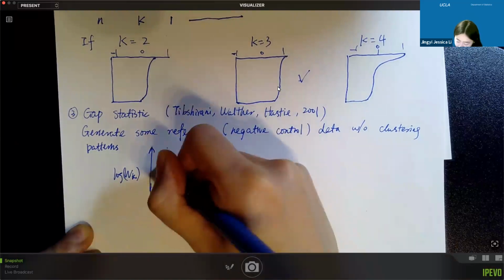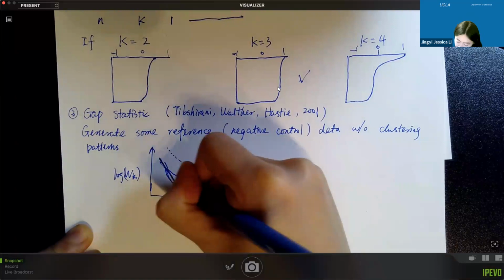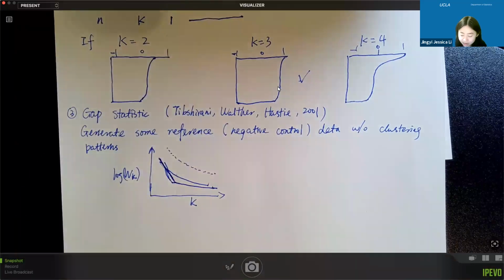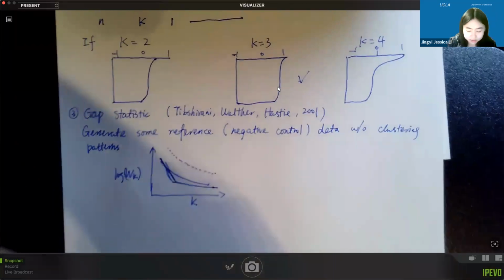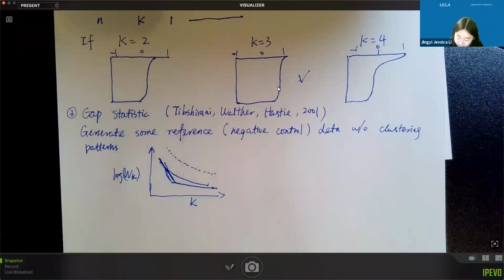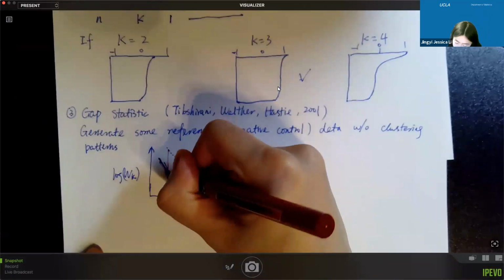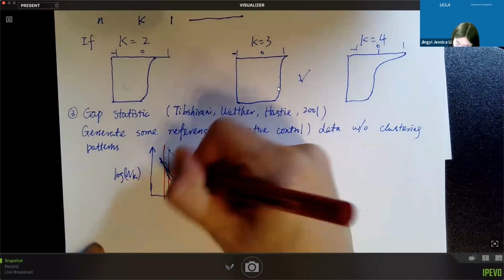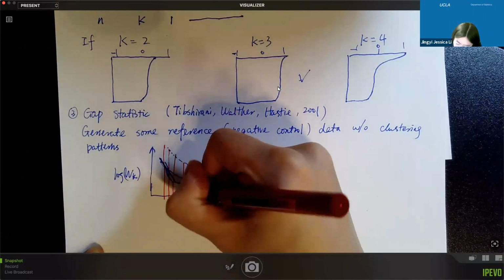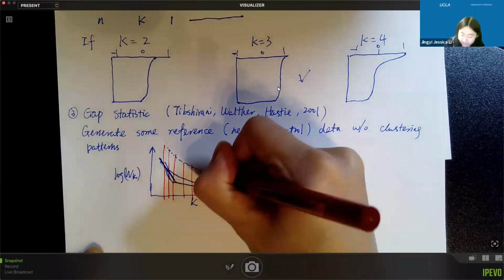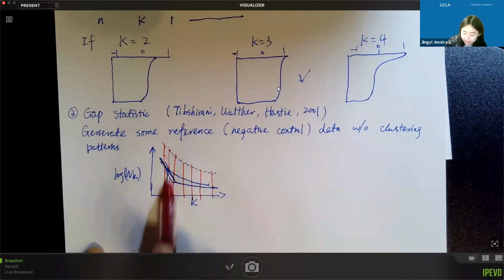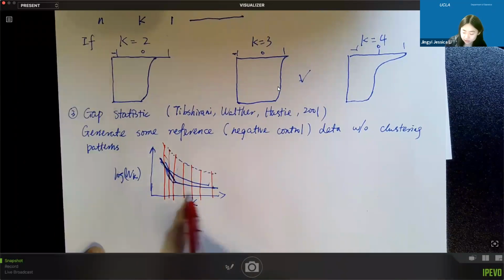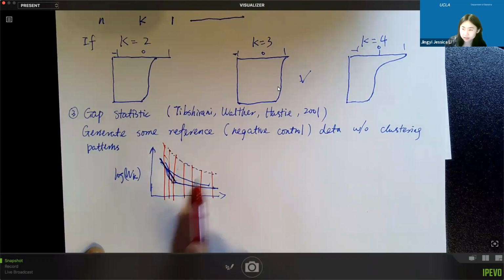Okay, if I change it to something like this, then you can see that if I calculate the distance, let me get a different color. If I calculate the distance for each K between the two curves, then you can see that the difference is not very big in the beginning, but at this K, the difference, or we call the gap, is the biggest, and then the gap shrinks again.